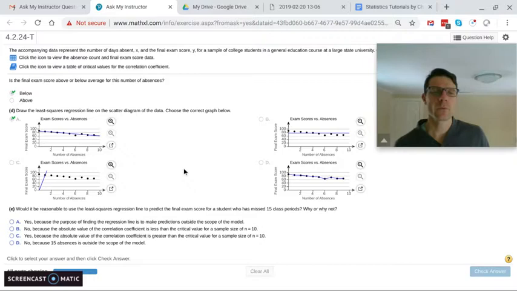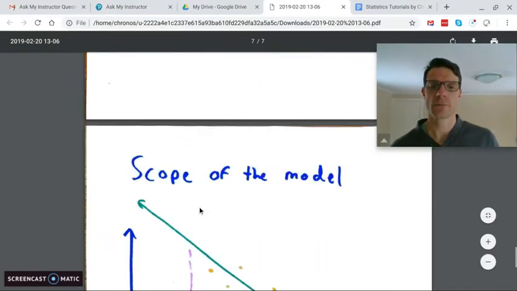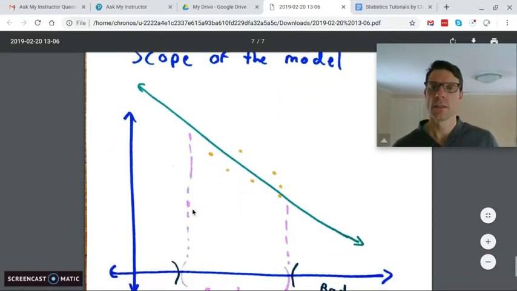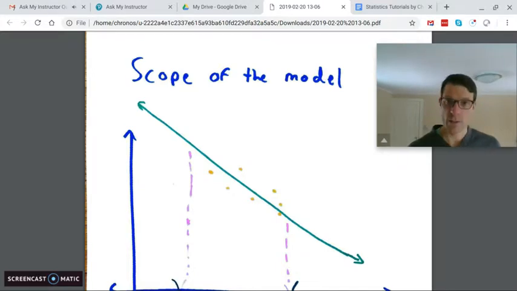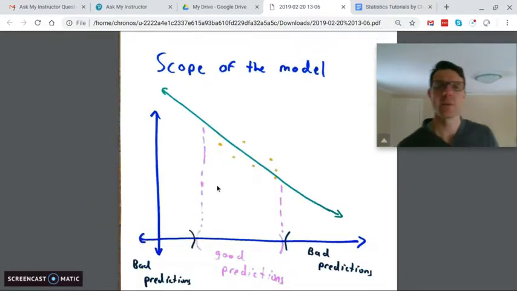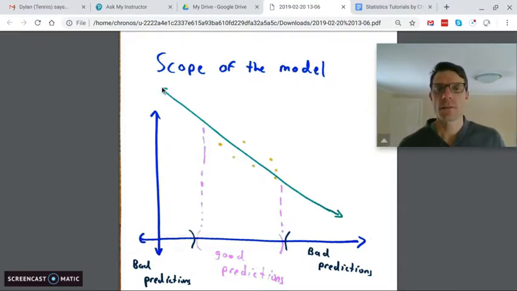Okay, now would it be reasonable to use the least squares regression line to predict the final exam score for a student who had missed 15 class periods? Why or why not? Okay, so I'm going to take you back to my work and talk about something called the scope of the model. There are areas where the regression line is totally not interpretable.